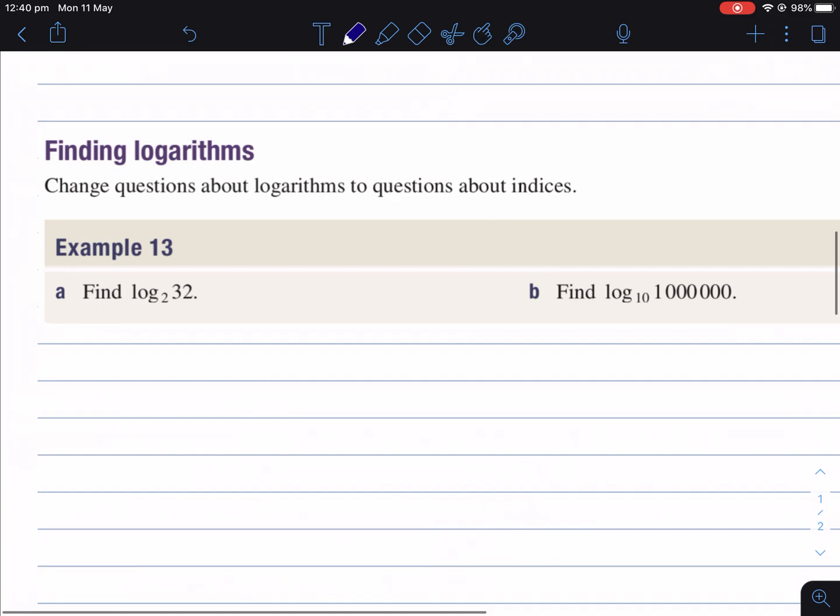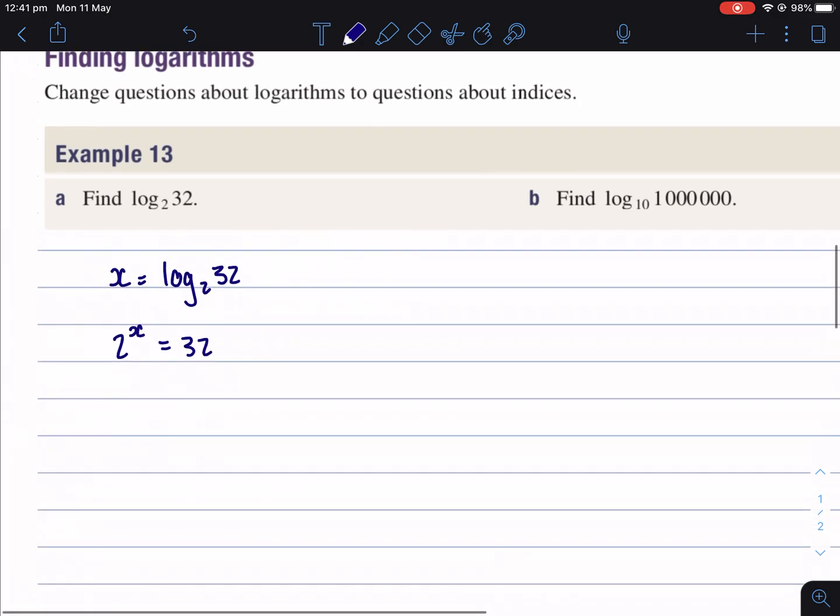If you want to find logs, so if we have x equals log base 2 of 32, you're trying to find what 2 to the whatever equals 32. 2 to the x equals, well, 32 is 2 to the 5, so x must be 5. So 5 equals log base 2 of 32.